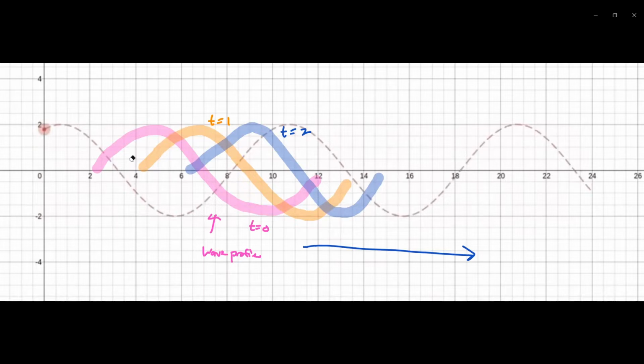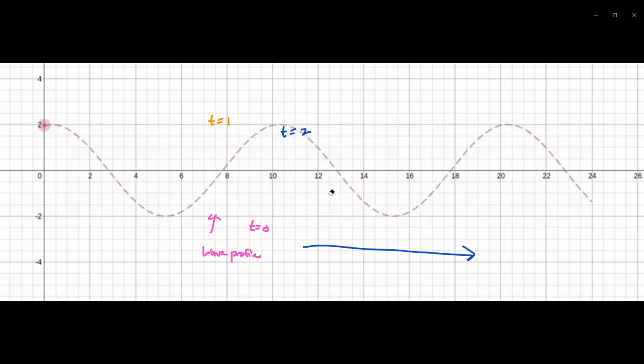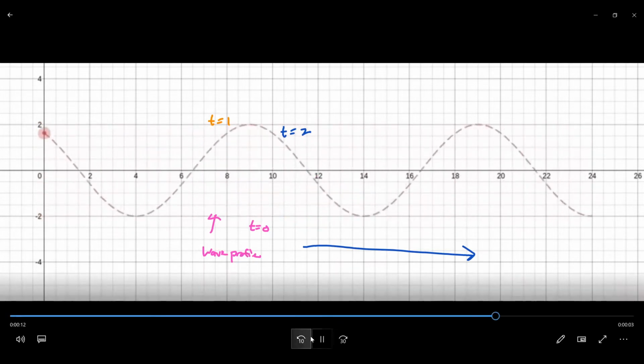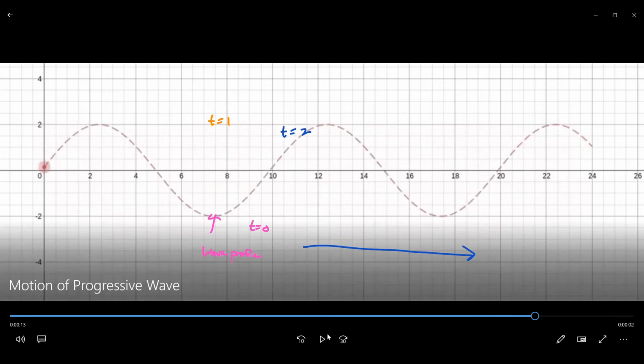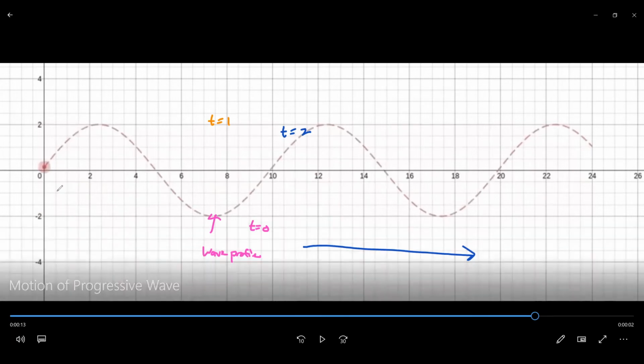So what it means by that is that, again, let me just freeze the diagram. Say for example, now I freeze the diagram. Before the wave passed through, let's assume that all the particles were in equilibrium.